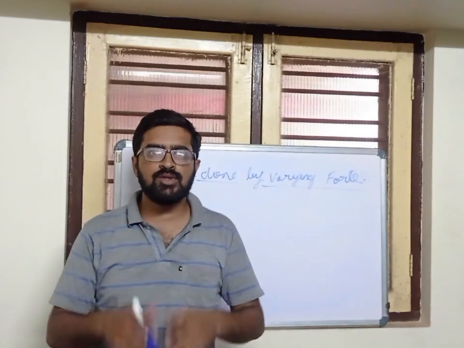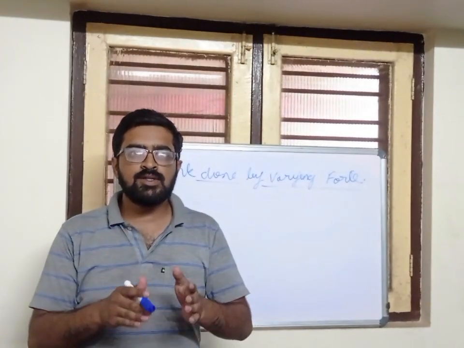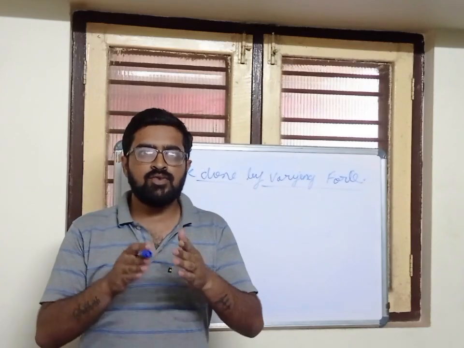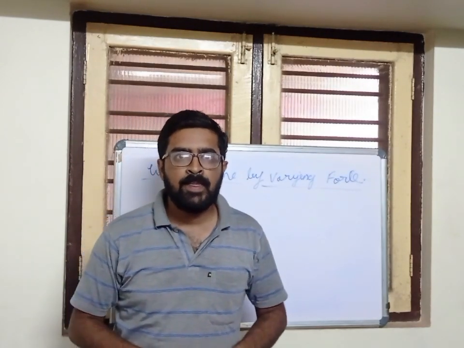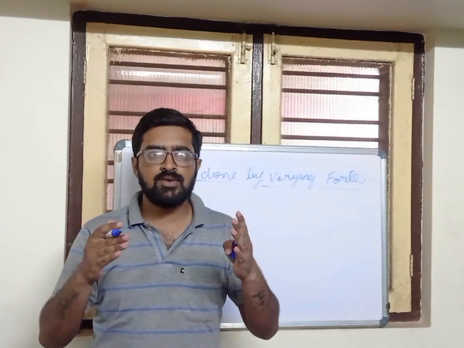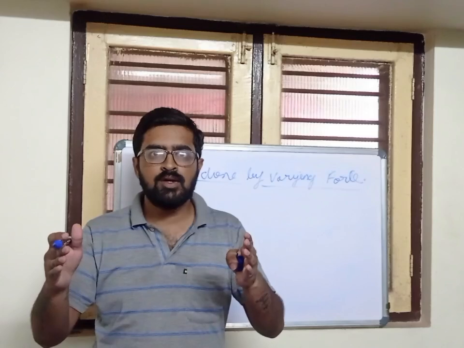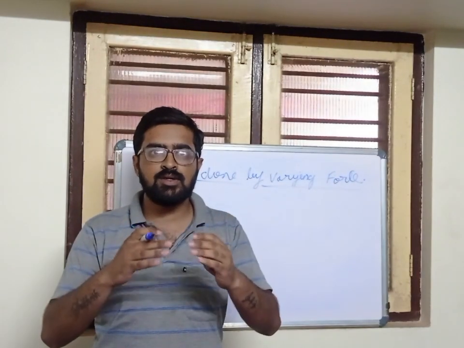Consider a varying force acting on a particular body, and the displacement is in the direction of the force applied. Okay, so this is a basic definition. Let's see how to visualize this definition: the varying force acting on a body and the displacement. How can we correlate all these terms?